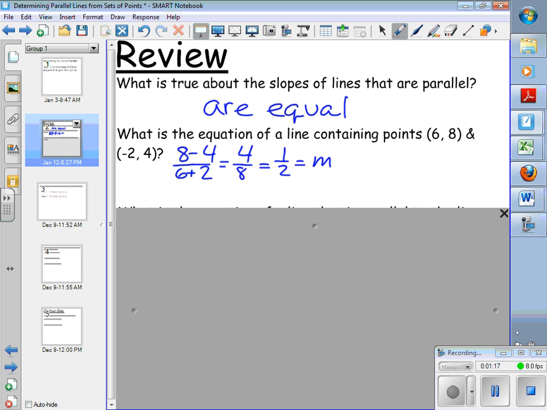And we're using the equation of y equals mx plus b, or we could use y minus y sub 1 equals m times x minus x sub 1, and then substitute our points in.